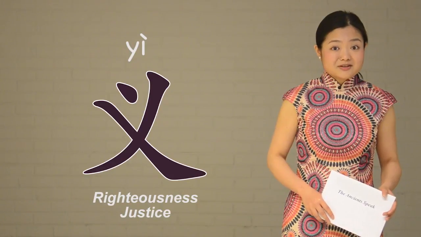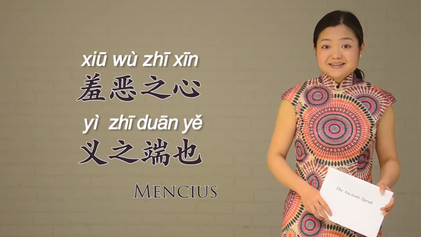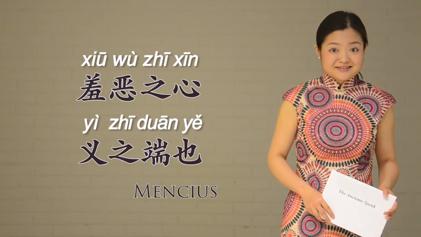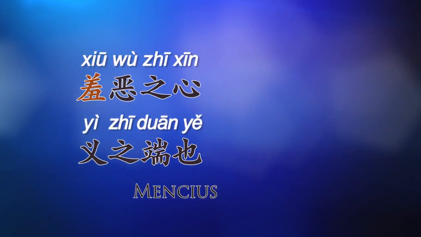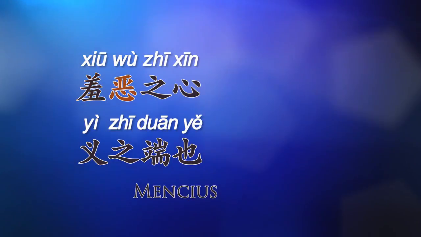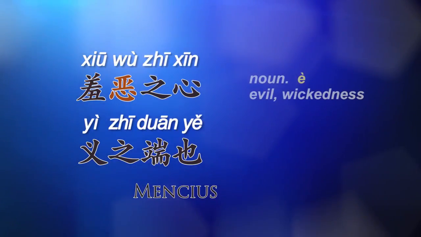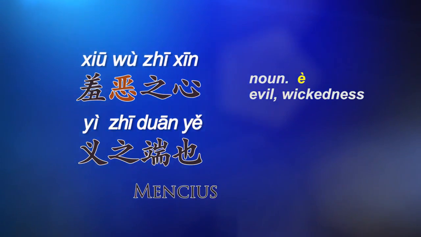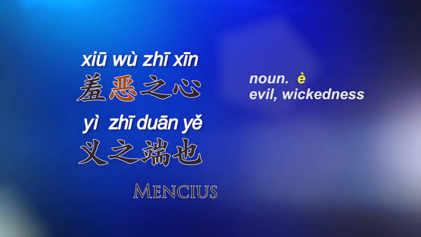Ancient Chinese teacher Mencius says, 羞恶之心，义之端也。羞, to feel ashamed of. 恶, this word is a polyphonic word. As a noun, it is pronounced 恶, and it means something bad, evil, or wickedness. Here, in this saying, it is a verb.